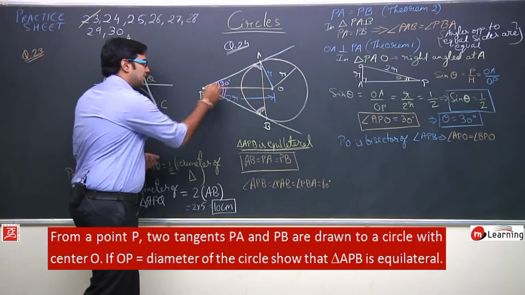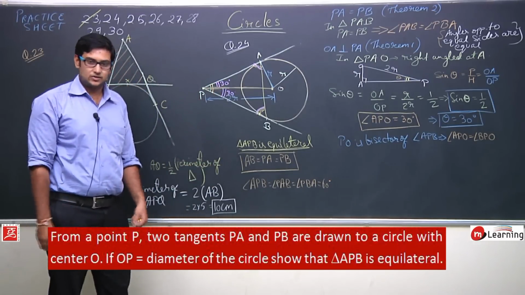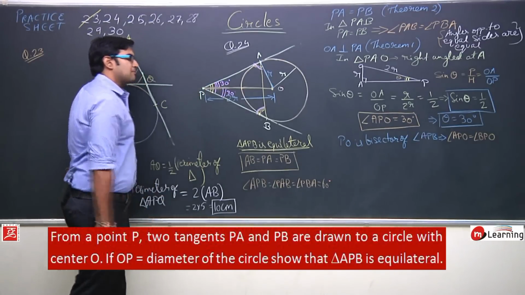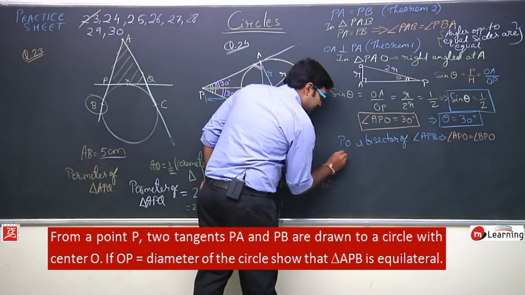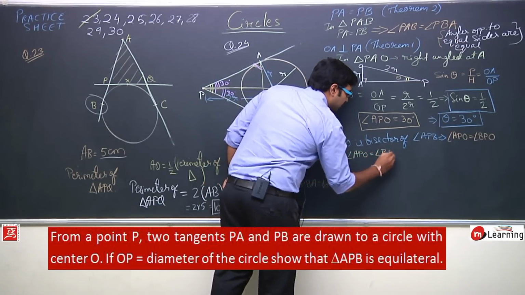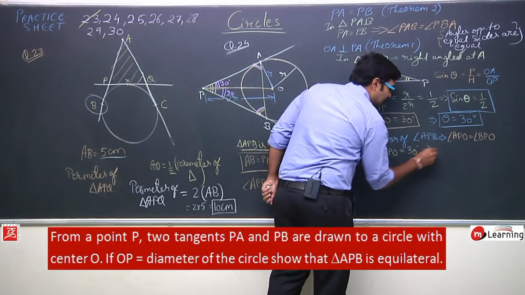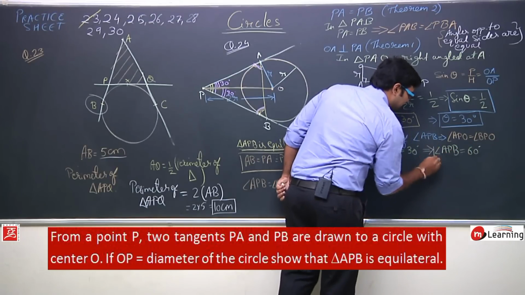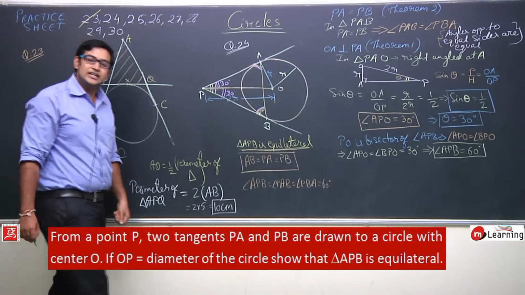So this angle is 30, it means this angle is also 30 degrees. So what about this complete angle? This complete angle is equal to 60 degrees. So this implies angle APO is equal to angle BPO is equal to 30 degrees. It implies angle APB is equal to 60 degrees.